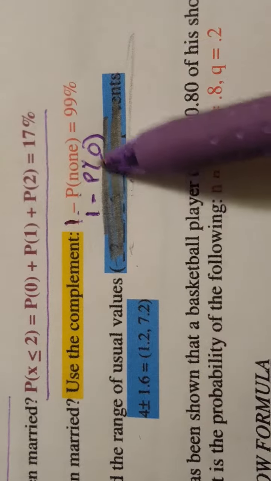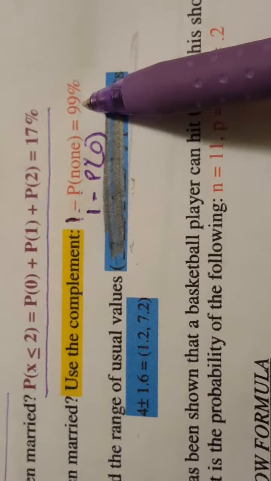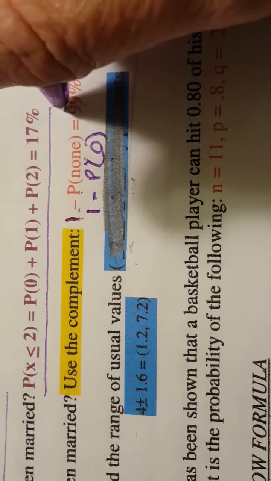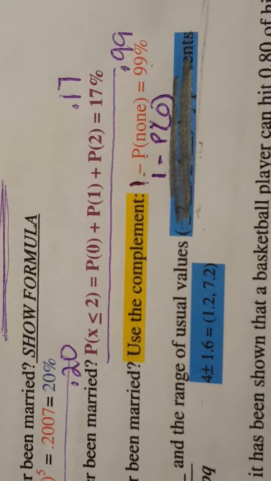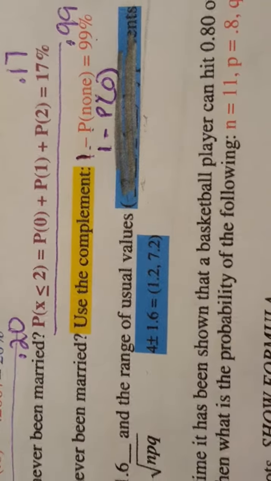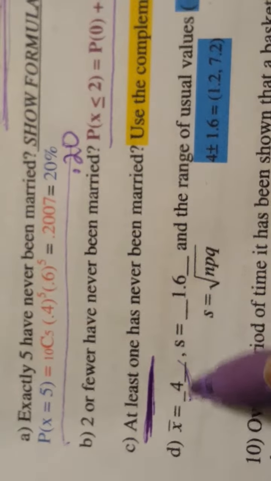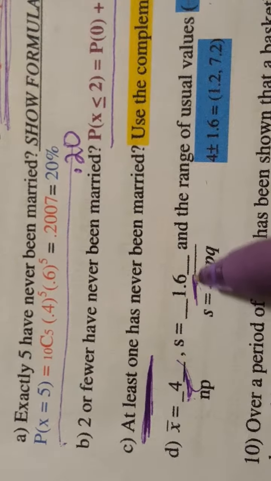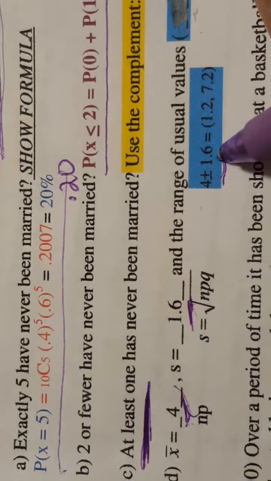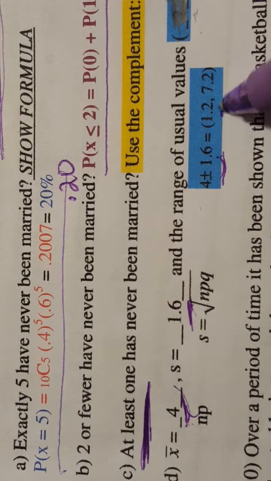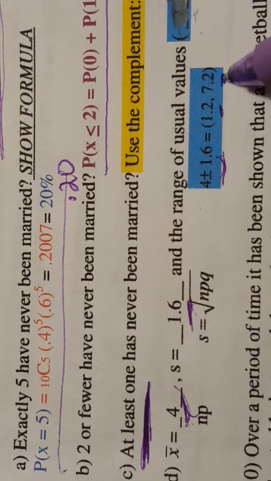So that would be 1 minus 0.01, which is where the 99% or the 0.99 came from. That would be 0.17. That would be 0.20. And then your mean is 4. Your standard deviation is 1.6. And your range is 1.2 and 7.2.